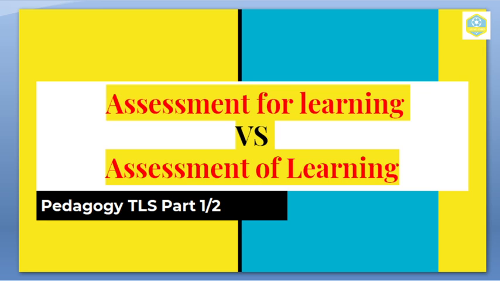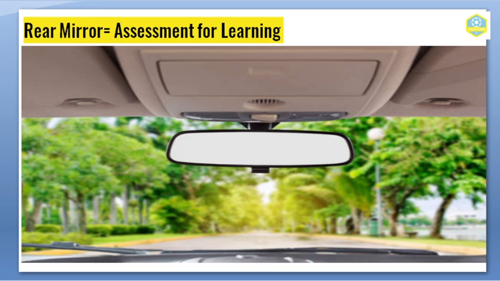Before going to the explanation, I'll share these two images. Look at the screen. Everybody drives on a daily basis and we use this rear mirror, right? Now think about why exactly you use this. How many times do you use it during a drive?